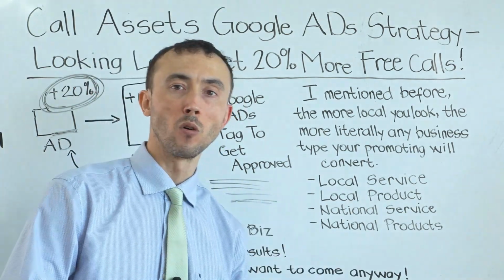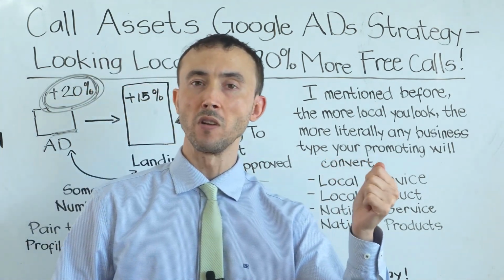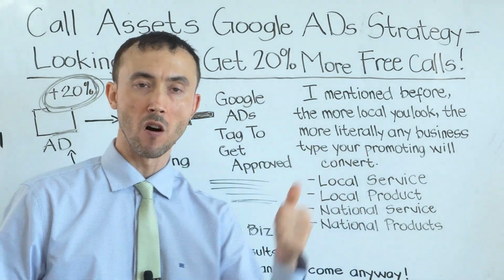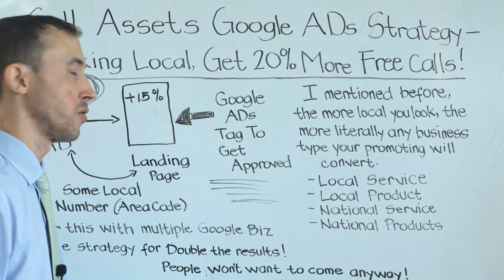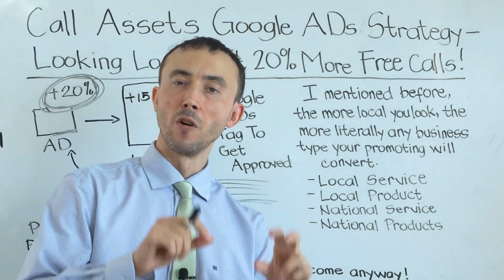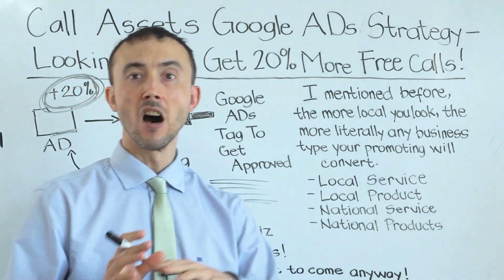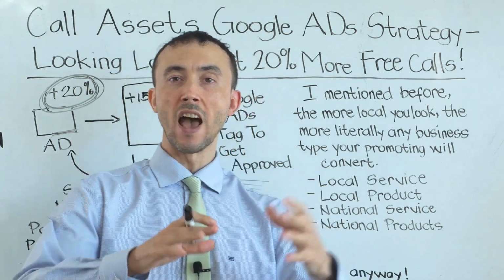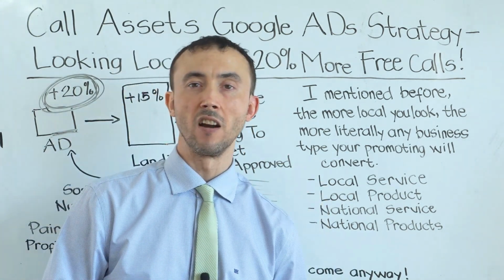If you're talking about a local service and a lot of people click on the phone number on the ad itself, you'll get a lot more calls. At least 20% more calls when you have a local number versus a non-local number for the user in that call extension or call asset on your ad.